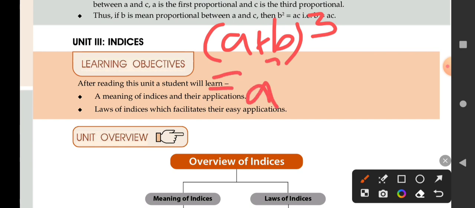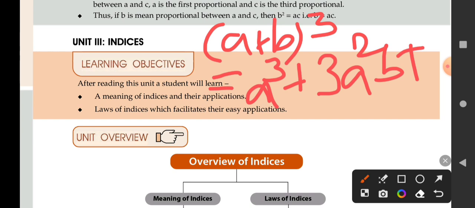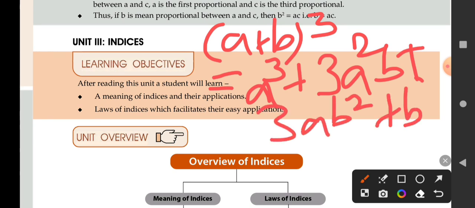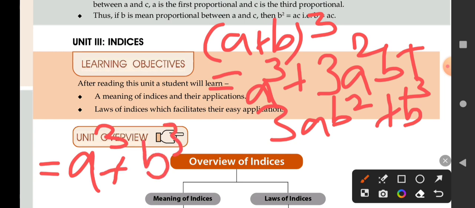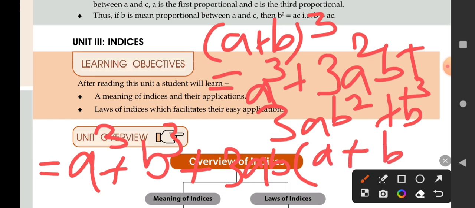It is a cube plus 3a square b plus 3ab square plus b cube. You can again expand this as a cube plus b cube plus 3ab bracket a plus b.